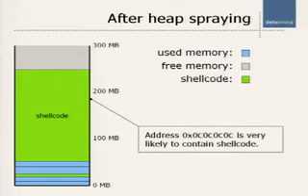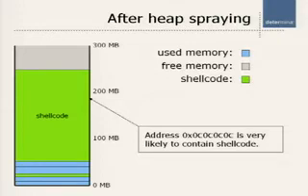After we do the heap spraying, and after we allocate 200 megabytes of these strings that contain the shellcode, we're going to have the green area there filled with our shellcode. It'll fill out all the holes caused by the fragmentation, and then it'll fill out the rest of the memory. So if you have a memory layout like this, then jumping to an address that's somewhere inside the green area will get you shellcode execution, because the green area contains a lot of copies of the shellcode, one after another.